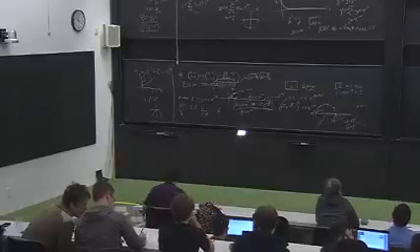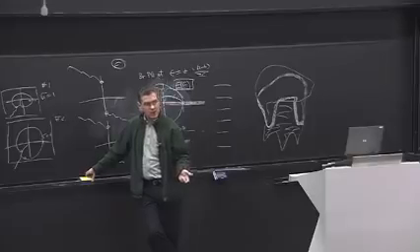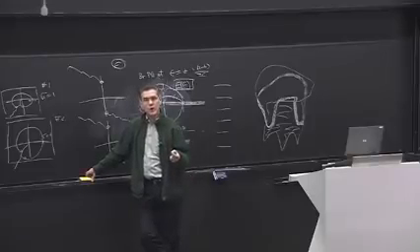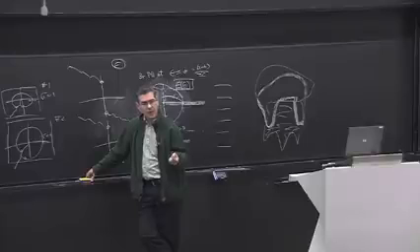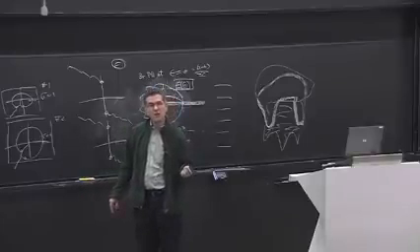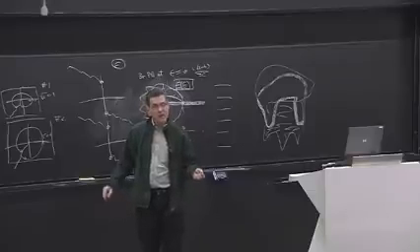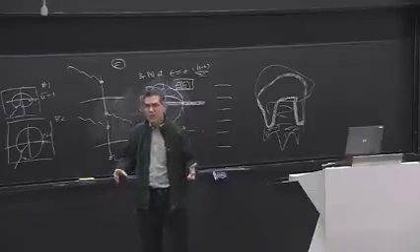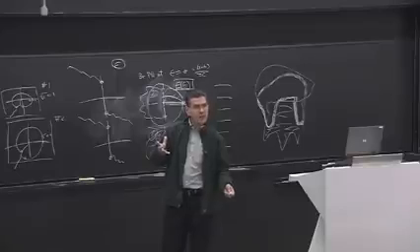The main thing to remember is that when you do perturbation theory, the perturbation series does not typically have an infinite radius of convergence. Typically, a perturbation series has a non-infinite radius of convergence.